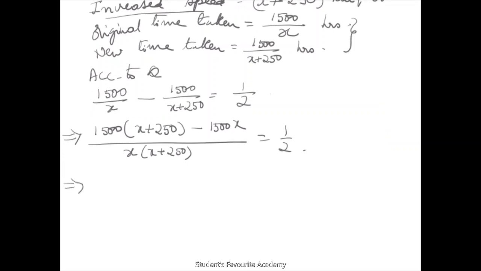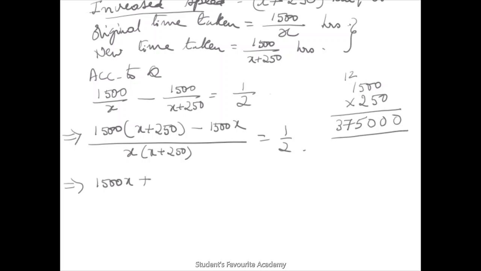So this implies 1500x plus 1500 into 250, that is 375000, minus 1500x upon x into x plus 250 is equal to half.